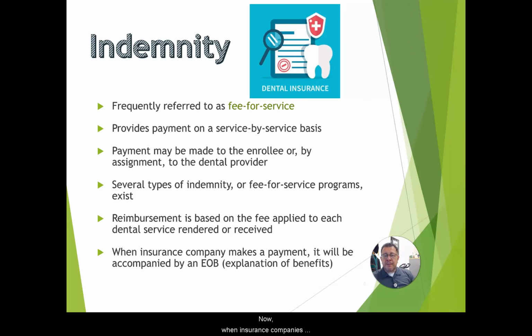Now, when insurance companies make a payment, it will be alongside an EOB, which is an explanation of benefits. And so, as a provider, when I send my claim and then I get the money back, whether it's electronic or by check, I'm going to receive a page that says explanation of benefits, and it will say everything that has been paid. Okay.